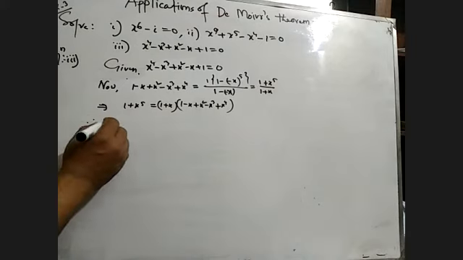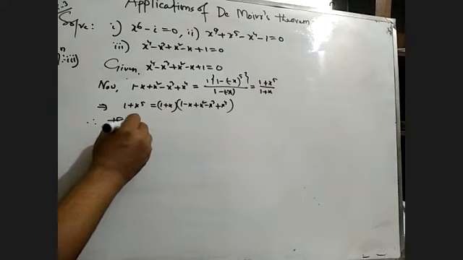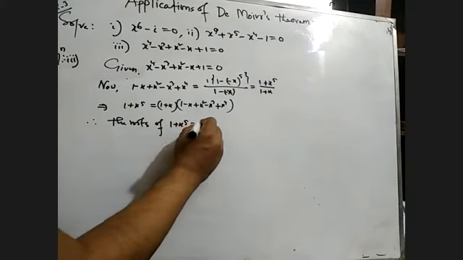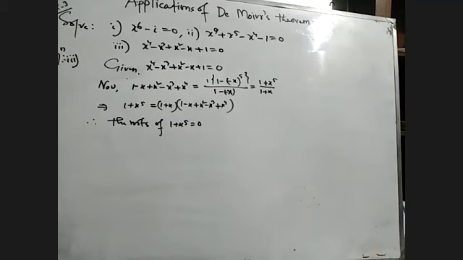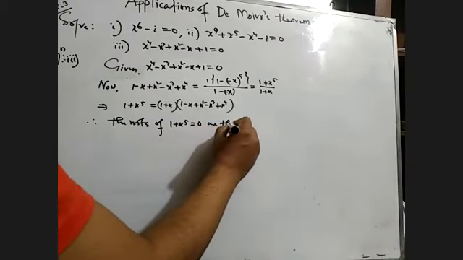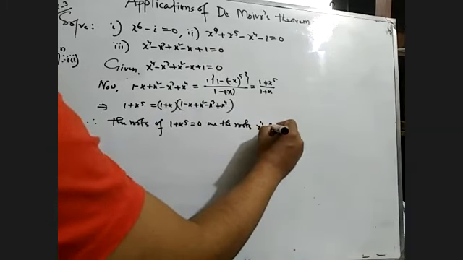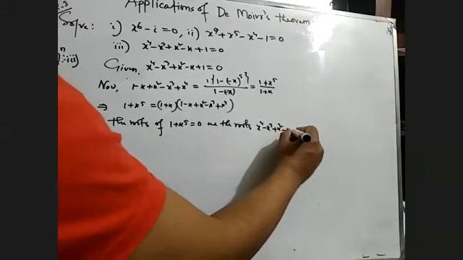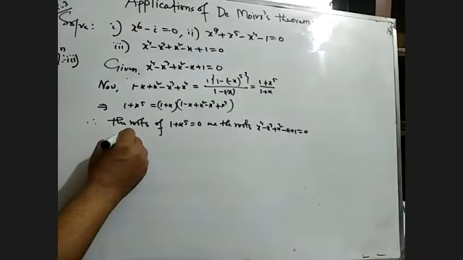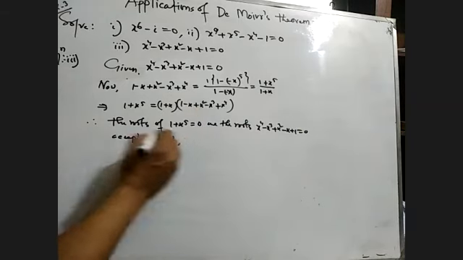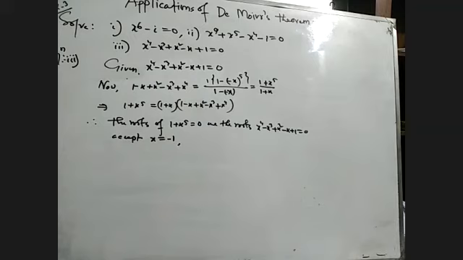Thus, the roots of 1 plus x to the power 5 equals 0 are the roots of the given equation x^4 minus x^3 plus x^2 minus x plus 1 equals 0, except which one? x equals minus 1, because x plus 1 is multiplied with this. This is why x equals minus 1 will not be a root.